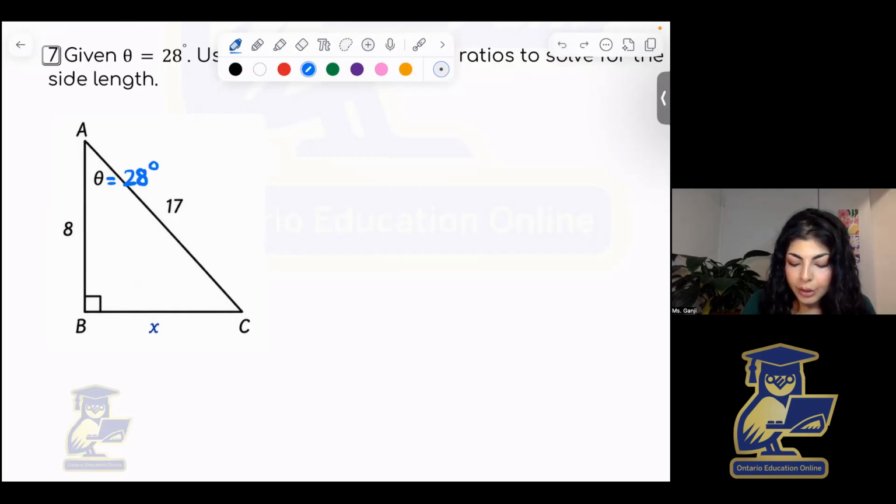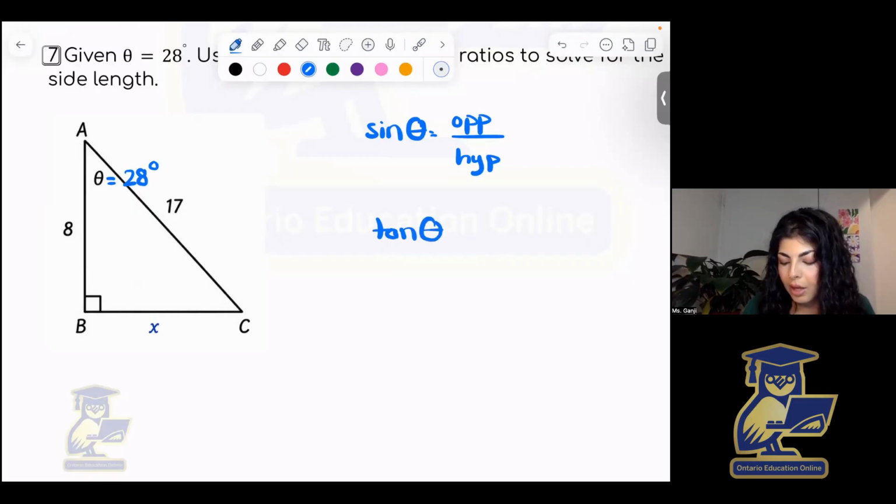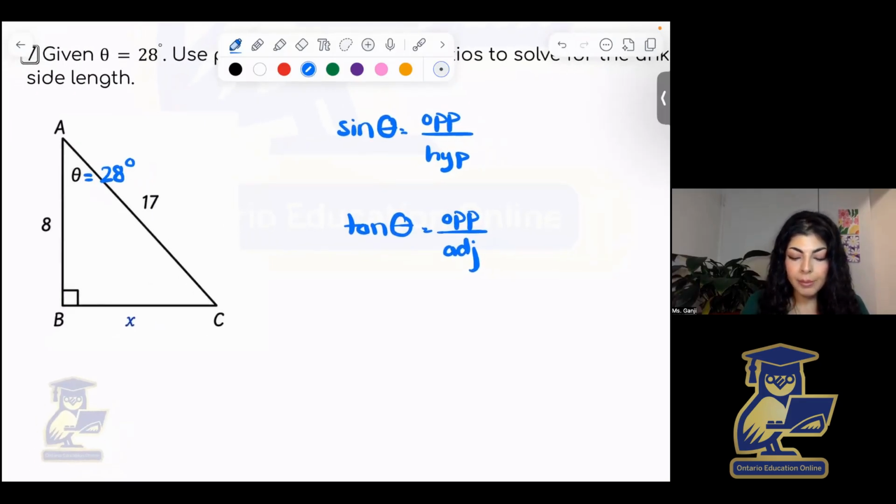So I either want to use sine, which has opposite over hypotenuse, or I want to use tangent, which is opposite over adjacent. And because in this case I am given both the hypotenuse and the adjacent side length, I can do either.